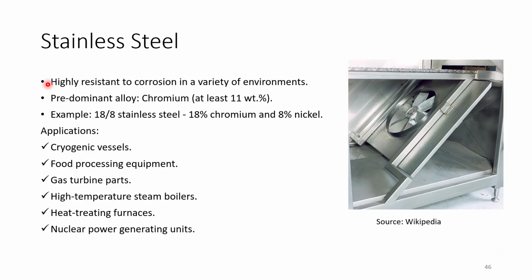Depending on the combination of chromium and nickel, you can have various types of stainless steel such as austenitic, ferritic, and duplex. Applications are in cryogenic vessels, food processing equipment, gas turbine parts, high temperature steam boilers, heat treating furnaces, nuclear power generating units, etc.